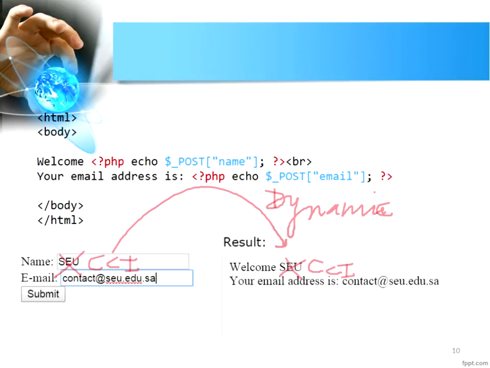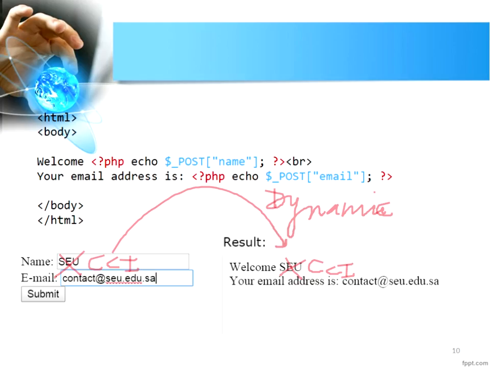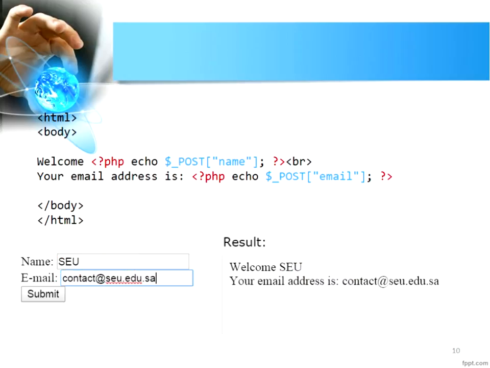So $_POST name, $_POST email. So here, for example, if I write not name, but X in my HTML code, for the first input the name is X, in my example I will find an error. Not welcome SEU, but an error. Why?